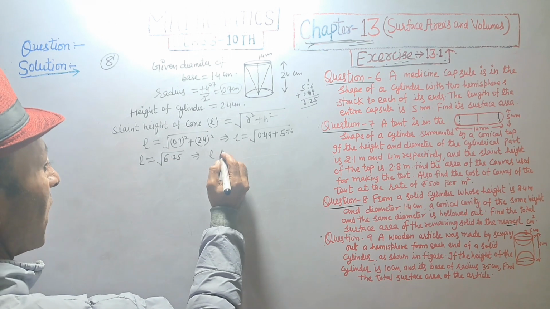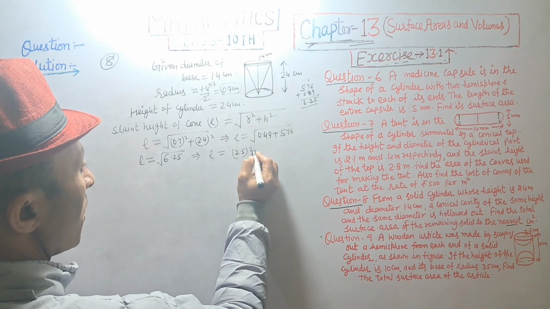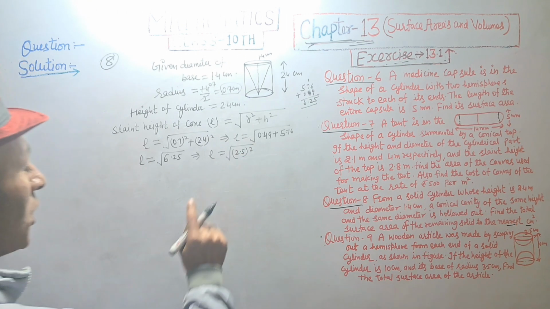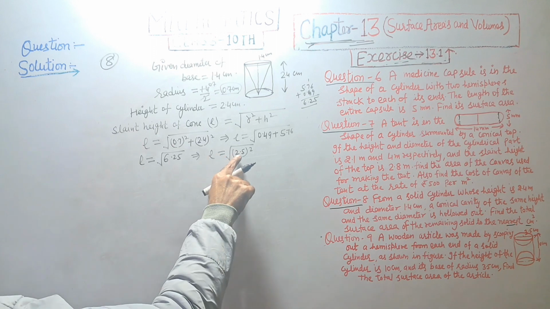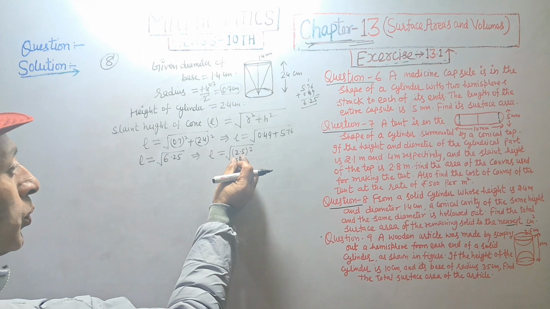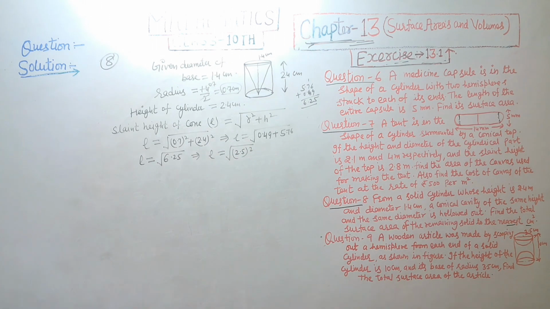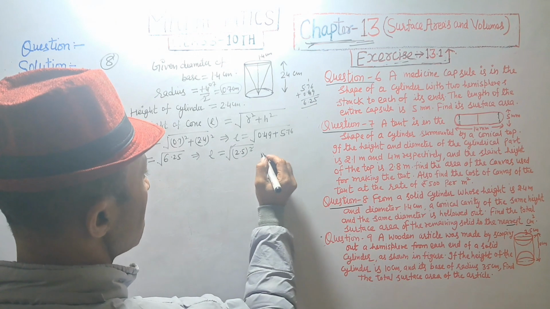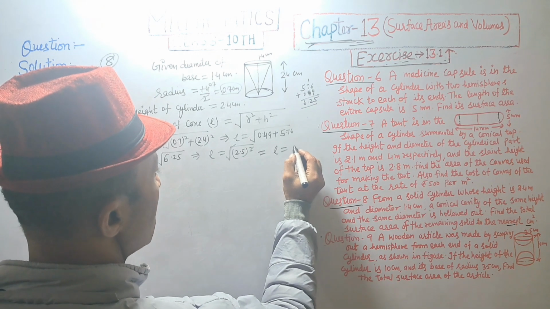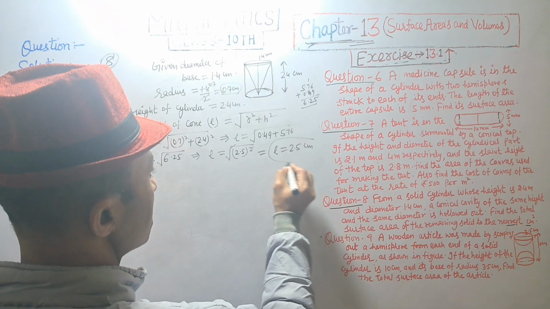This implies slant height l is equal to root of 2.5 raised to power 2. 25 25s are 625, so 2.5 square is equal to 6.25. Square root is cancelled. We get l is equal to 2.5 centimeter.